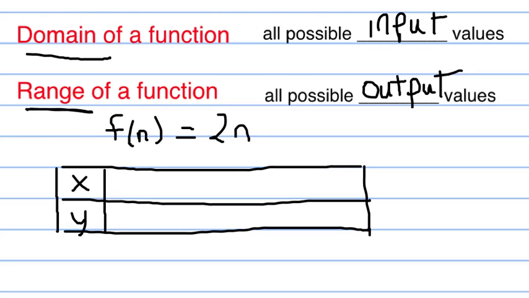Okay, so we're going to put values into the table and calculate it through our function machine and get an output. So if I have 1 for x, 1 times 2 is 2. If I have 0 for x, 0 for y. If I have negative 3 for x, 2 times negative 3 is negative 6.